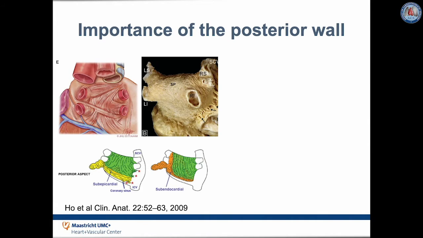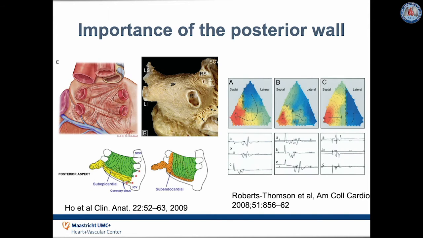On the contrary, because the posterior wall is a very interesting region with all these different muscle layers that are overlapping each other and are oriented in different directions. So in combination with structural remodeling, this seems like a very arrhythmogenic region. And also mapping studies of Robert Thompson already showed the discontinuity in conduction in this area.